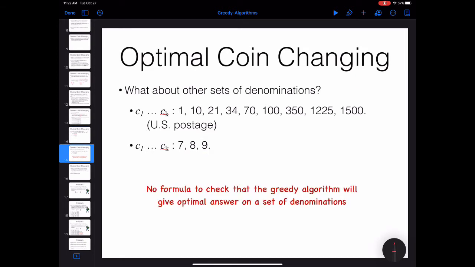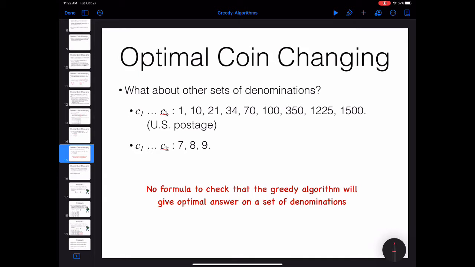So you might ask, is it possible to check for each denomination? Is there any algorithm that checks each set of denominations and says that the greedy algorithm will work for this one, but doesn't work for the other one? No, there is no algorithm, there is no formula, there is no way to check, for any given set of denominations, whether the greedy strategy gives you the optimal answer.